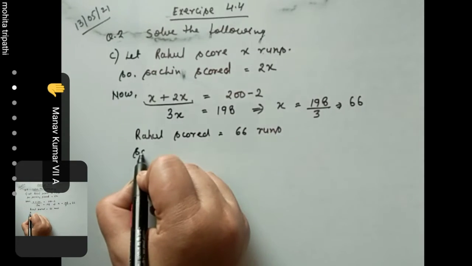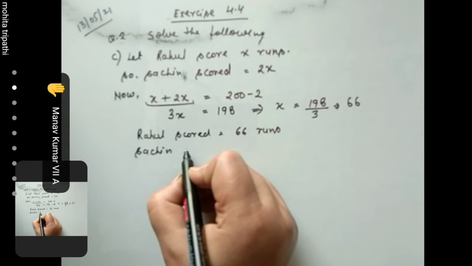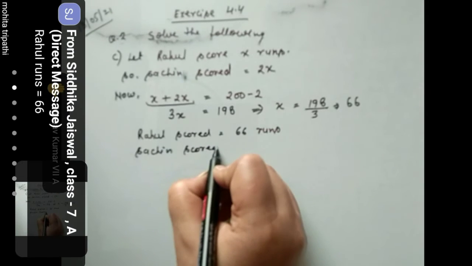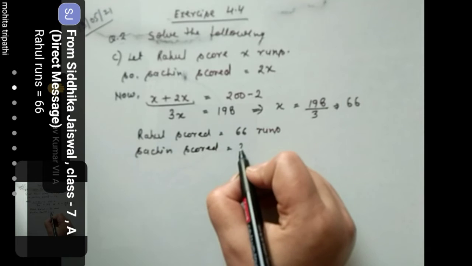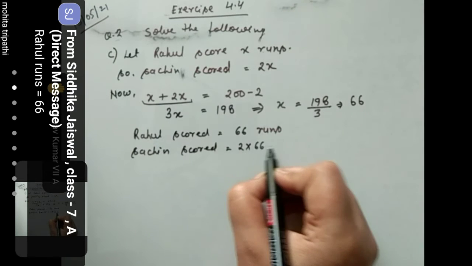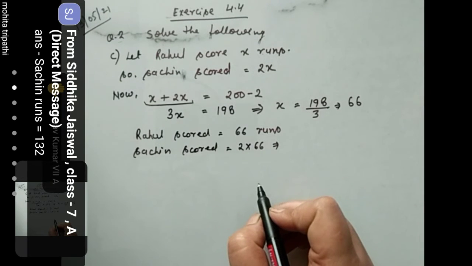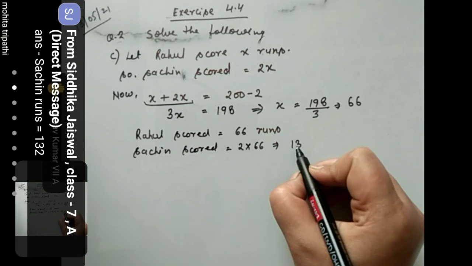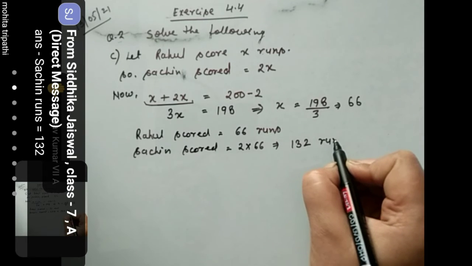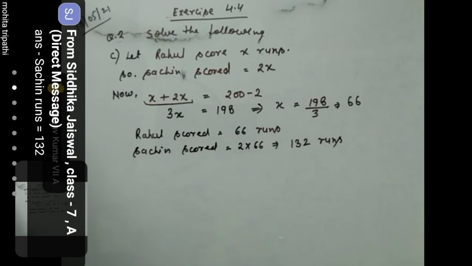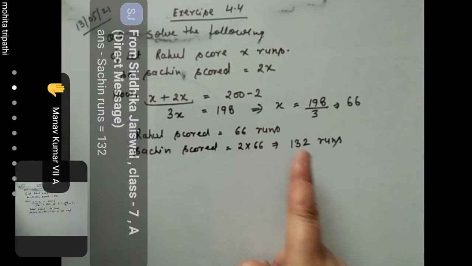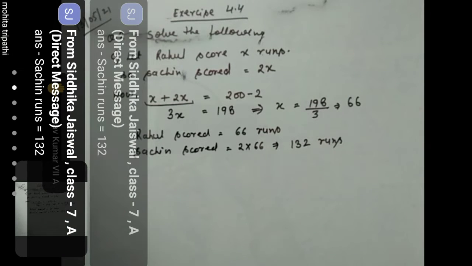Same, Sachin scored 2 into 66, and when you multiply it, you will get 132 runs. So as per the question, we find our answer.